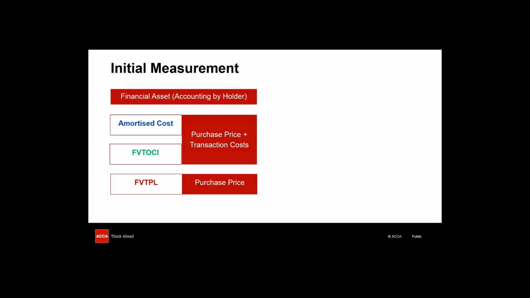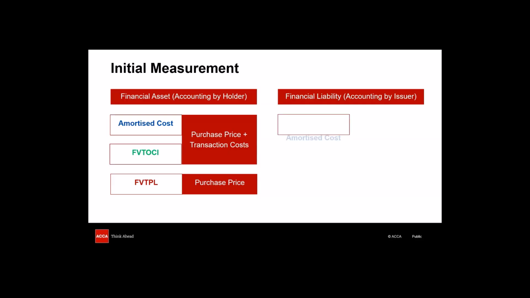When we talk about the liability portion, then in case of financial liability, the initial measurement is done either at amortized cost, in which case we need to have the proceeds received and we subtract the transaction costs from it.